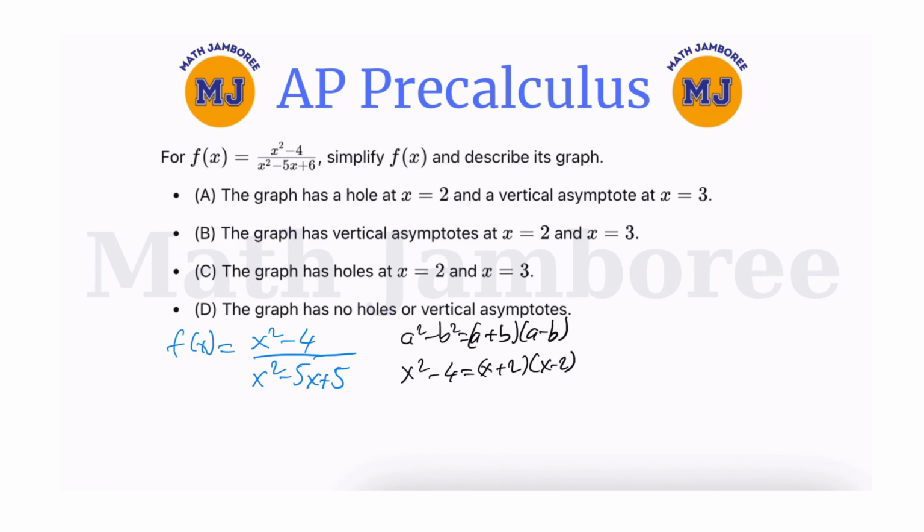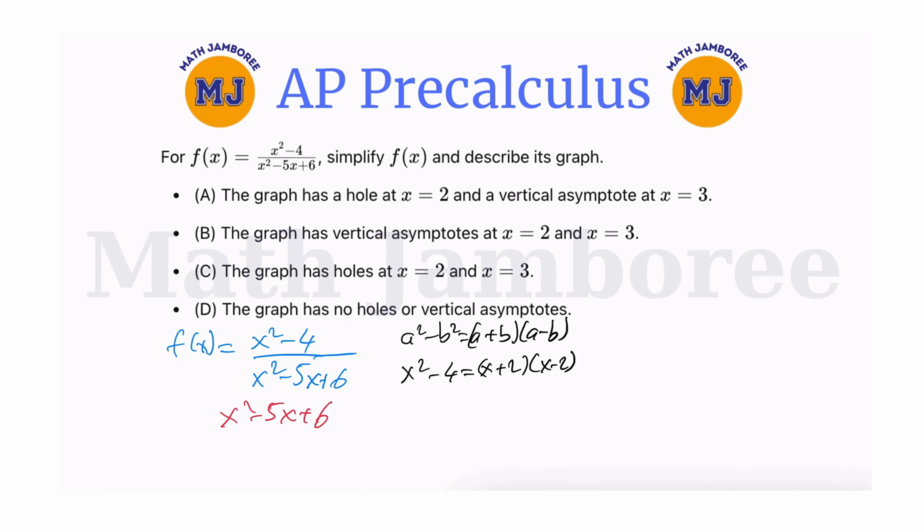And for the denominator, let's do it over here. x squared minus 5x plus 5. No, it's plus 6. I wrote it wrong initially. Let me correct this too.